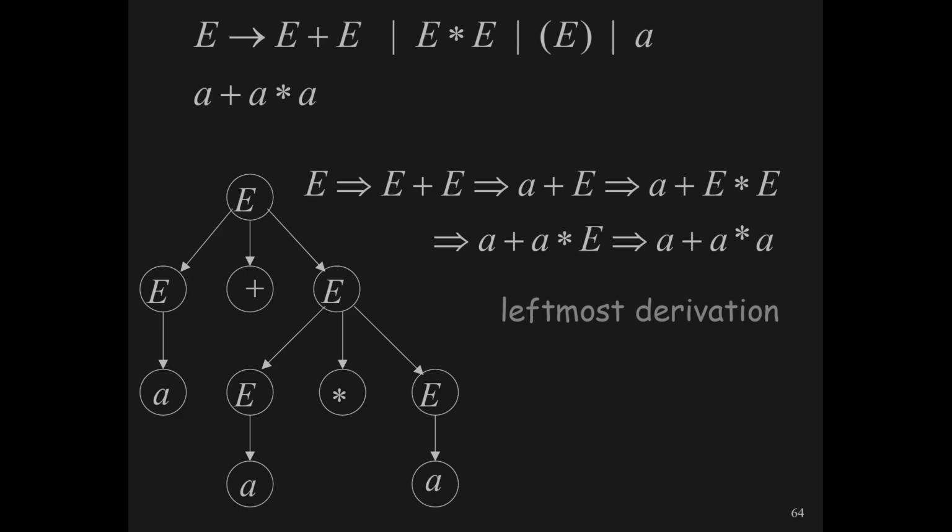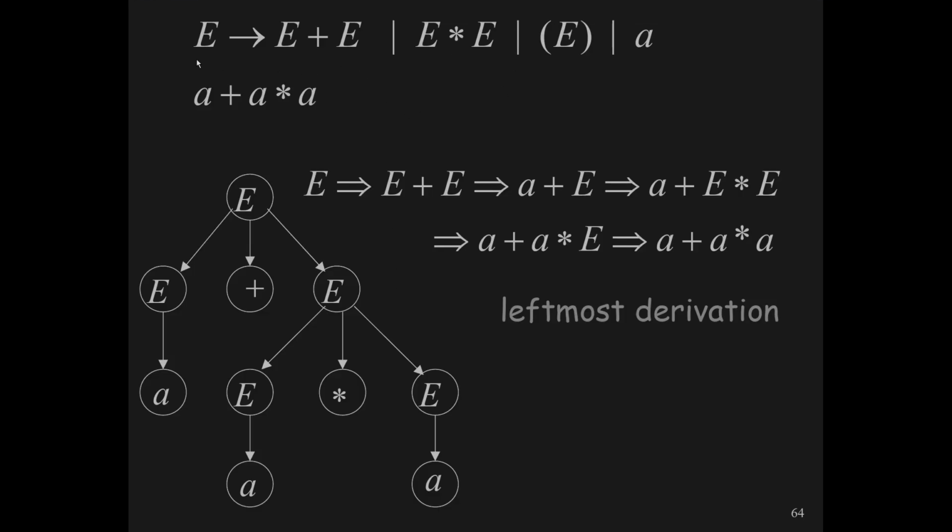Now, some grammars have ambiguity, where the same sentence or the same string can be generated in two different ways, okay? So let's go through this example.